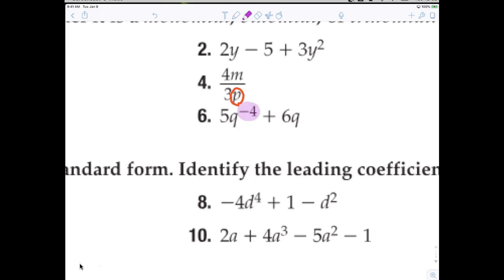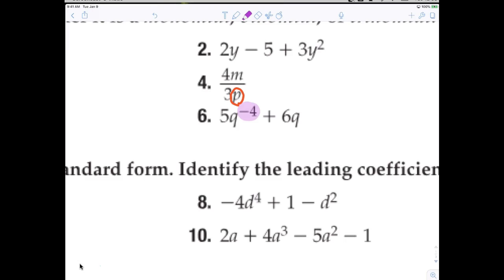Your exponent can't be negative. It's got to be a whole number, and a whole number just means 0, 1, 2, 3, 4, something like that. Anybody have any questions with 1 through 6? If it's not a polynomial, it doesn't have a degree.